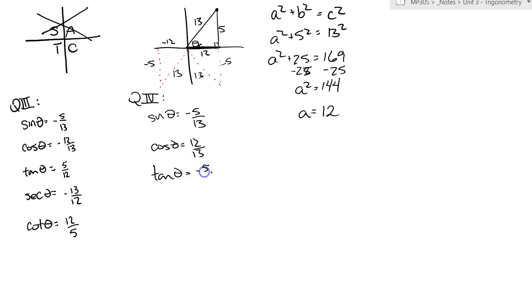So this is going to be negative 5/12. Then we've got secant theta is also positive because it is related to cosine. 13 over positive 12. And then cotangent is going to be negative 12/5.